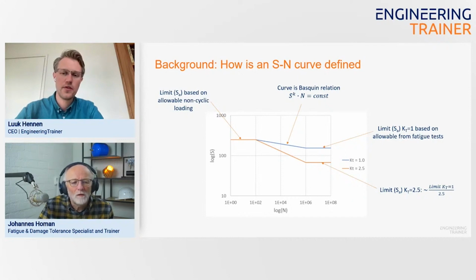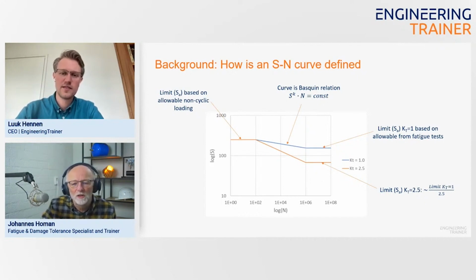Well, the KT 2.5, that's the stress concentration factor. So that's basically the maximum stress level at the notch divided by the nominal stress in the net section. So basically it defines your stress level at the notch. And the fatigue limit is roughly that factor KT lower than the fatigue limit for the case you don't have a notch.